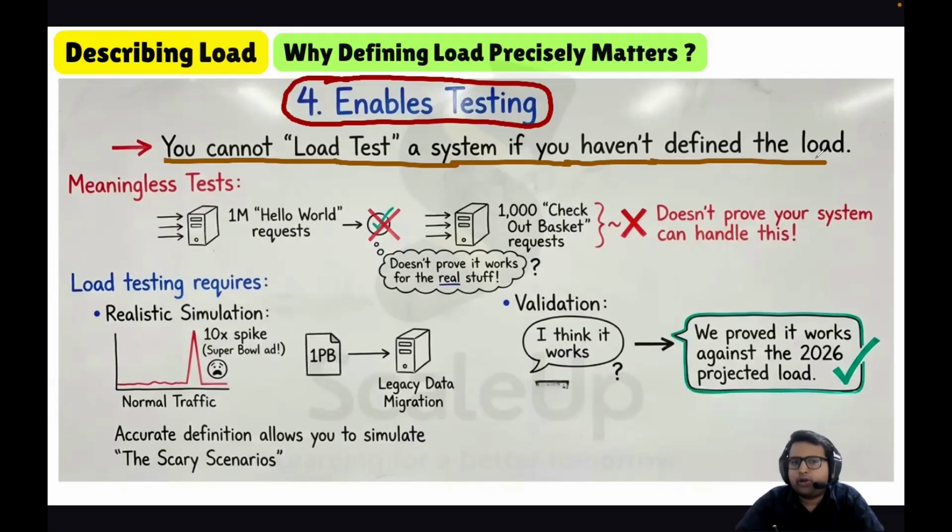In order to load test a system, you have to define the load precisely, because if you don't, the load test will be meaningless. Like running 1 million simple hello world requests does not prove your system can handle 1000 checkout basket requests.